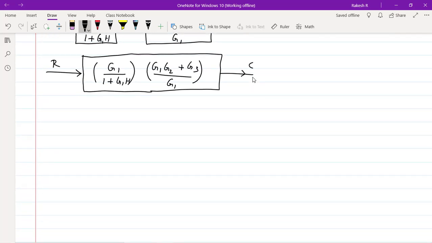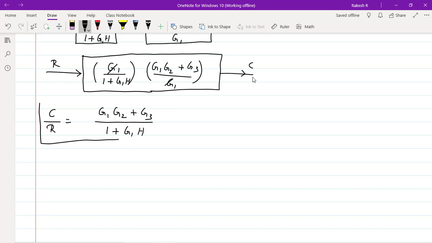Shall we solve this one, that is C by R, the transfer function. Now G1 gets cancelled out, remaining is G2 plus G3 whole divided by 1 plus G1H. Right, this is the transfer function for the given feedback problem, or this is the transfer function here.